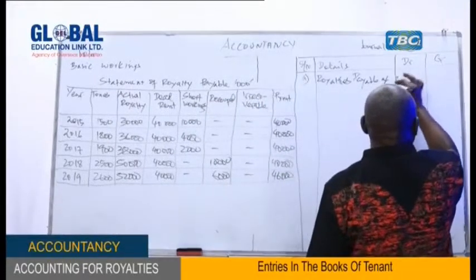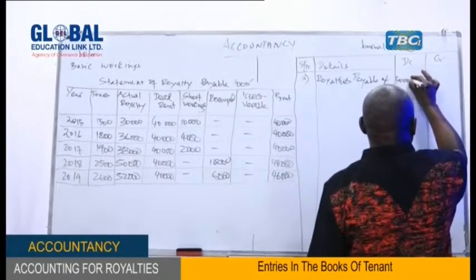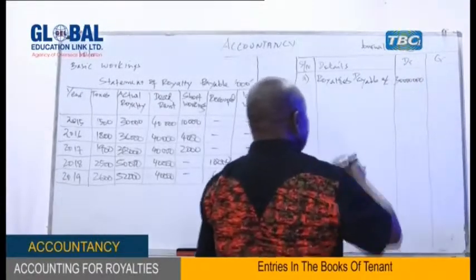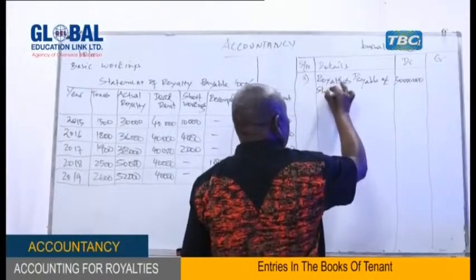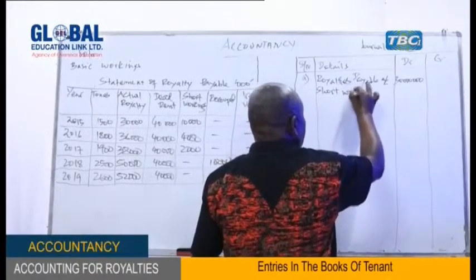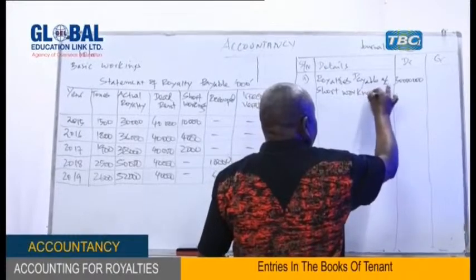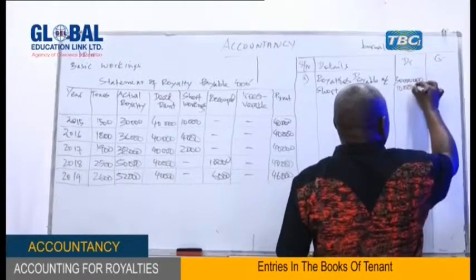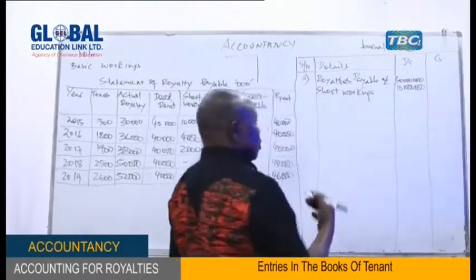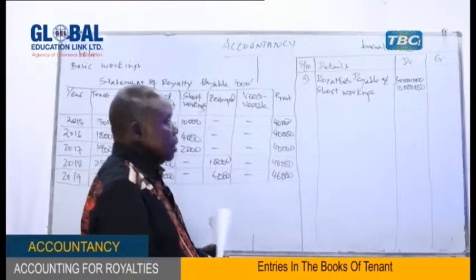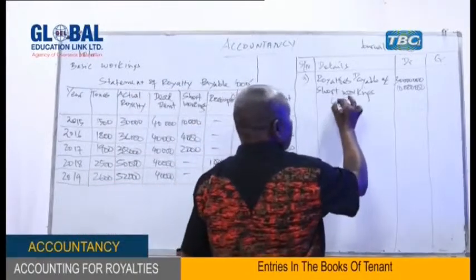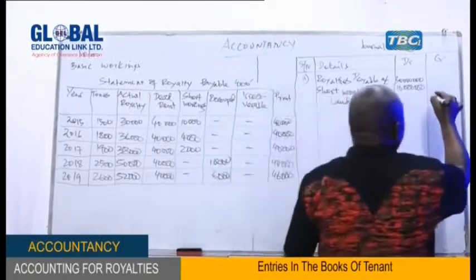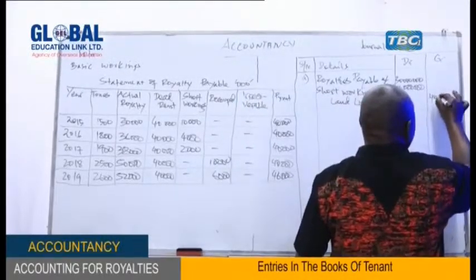So 30 million. We will also debit the short workings, the difference, that is 10 million. And we are going now to credit the landlord 40 million.